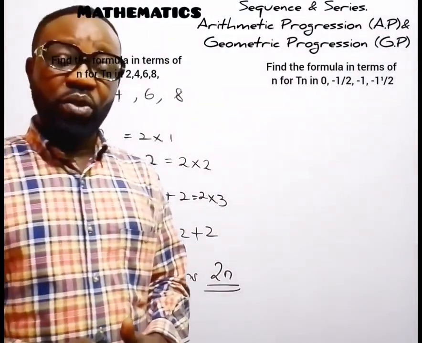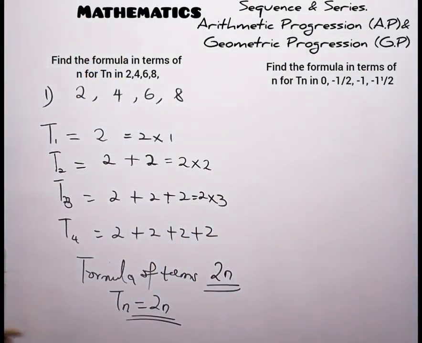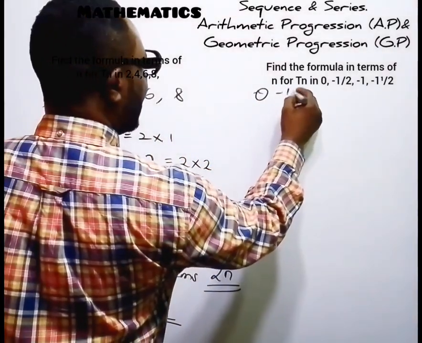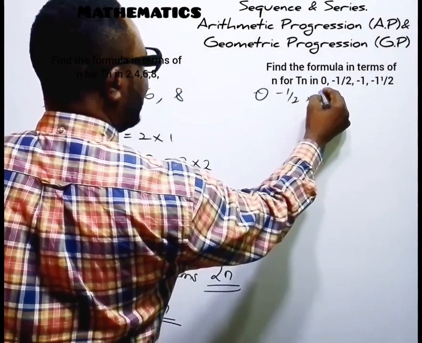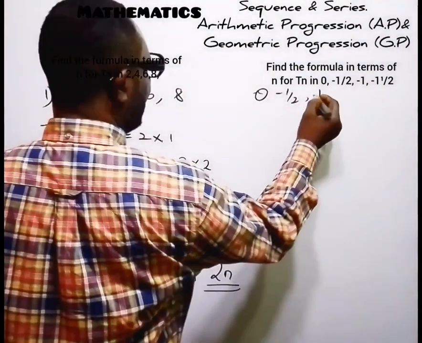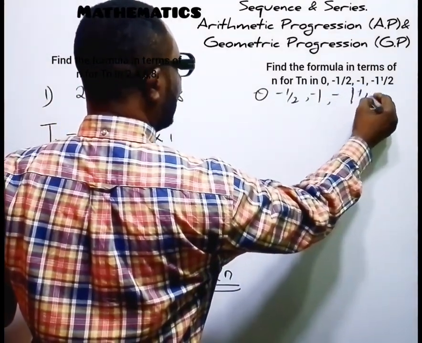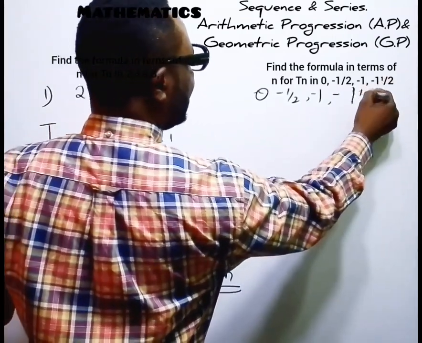This question takes us to the next question. We have the sequence 0, minus half, minus 1, and minus 1 whole number 1 over 2.